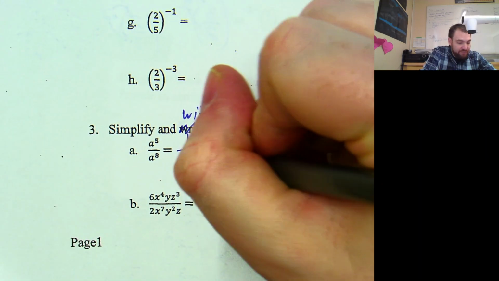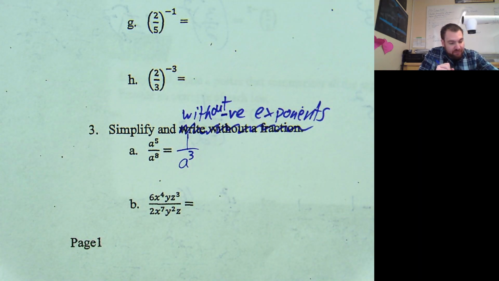That would be correct. But I did it differently. Like I guess I flipped them. Oh, and then I got negative 3. I got a to the negative 3 over 1, and then... Yep. I flipped it. Yeah, good.